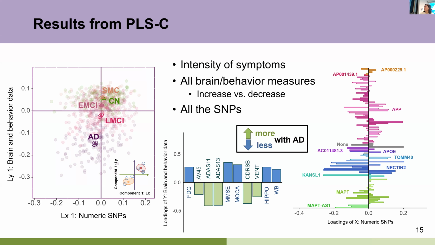This first dimension just in general captures the intensity of symptoms, as you can see from the differences. And when you look at what contributes to it, it's the variables that increase with Alzheimer's versus the ones that decrease with Alzheimer's. And then you identify the genes that contribute to it.